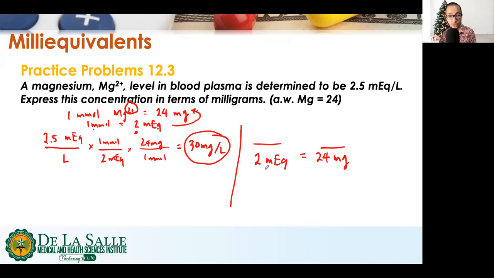So, ibig sabihin, 2 MEQ of magnesium has a weight of 24 milligrams. Now, if you have 2.5 MEQ of the same substance, what will be its amount in milligrams x? Okay, so we compute for the value of x. We simply move this here. Ito din yon. Ayan, so the answer is 30 milligrams. Okay, now both are in per liter. So this is per liter. So this will be per liter as well.